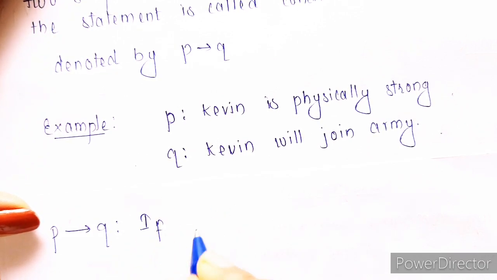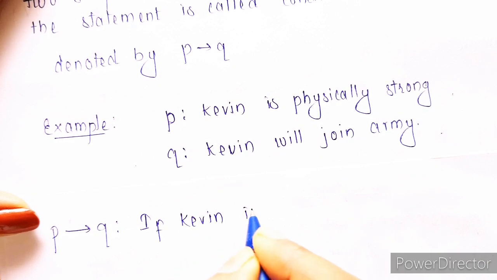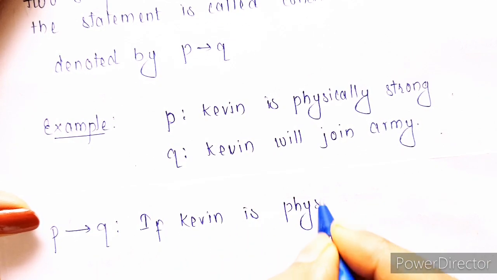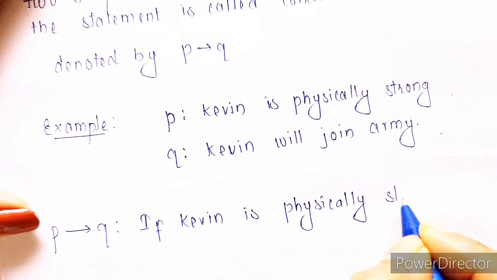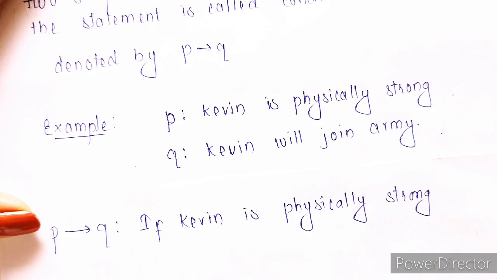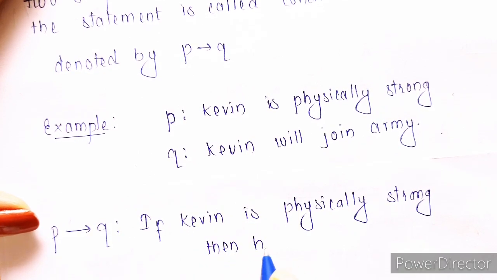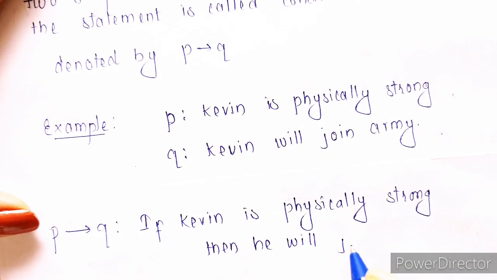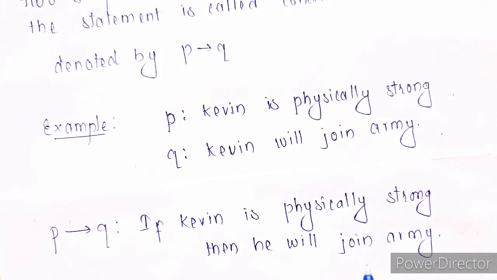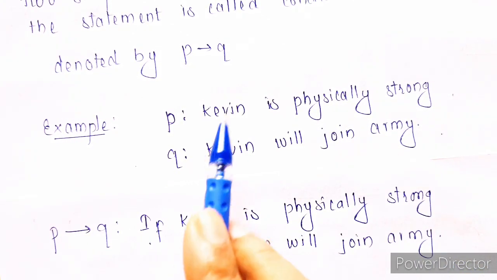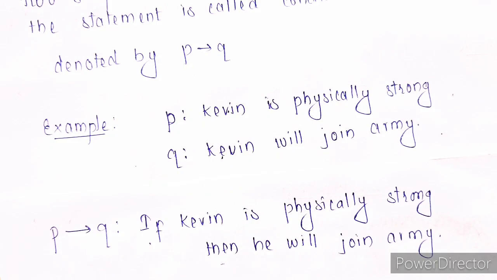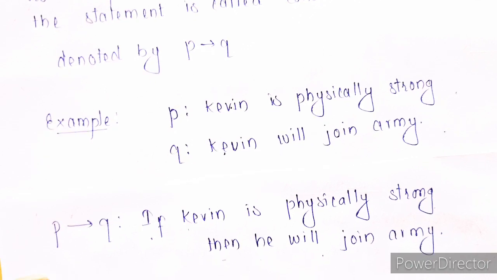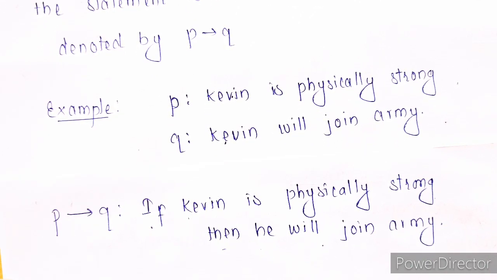So we can write this as: if Kevin is physically strong, then he will join army. So what we are doing is using "if" and "then" and joining these two different simple statements to form a compound statement. So simply we are using "if, then" to join these two different statements.